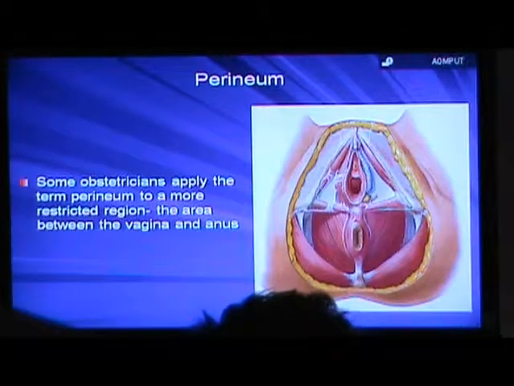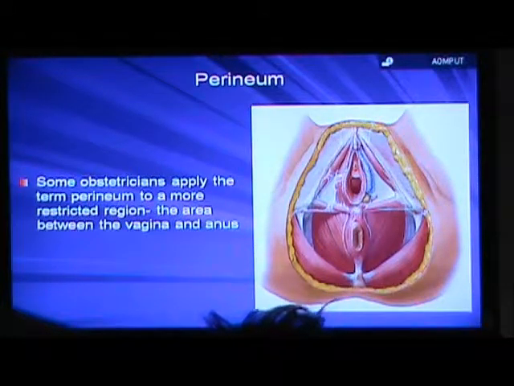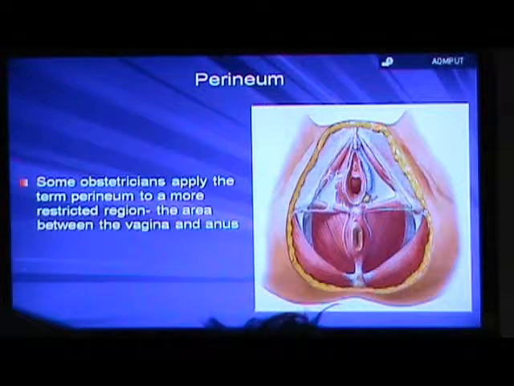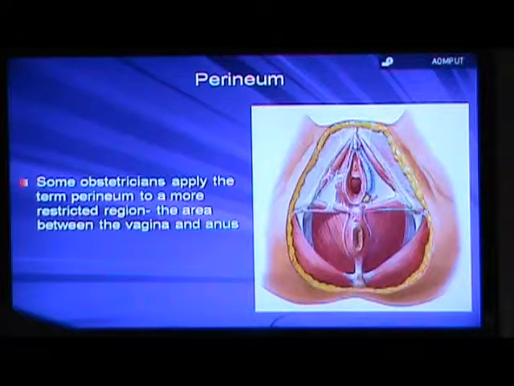Some obstetricians apply this term, the perineum, to a more restricted region, so the area which is located between the vagina and the anus, only here. Because normally in anatomy we apply this term to these structures, but for the obstetricians the perineum is the more restricted region.